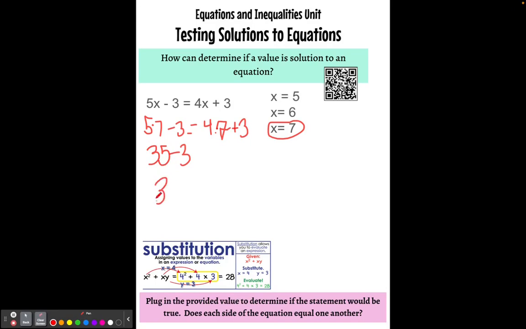So I have 32 on this side. Let's see what we end up with on the other side, right? So 7 times 4 is going to get me 28, right? Plus 3 more, which gives me 31. So this one does not work as well. I would say it is not equal to, so it is not a solution set.